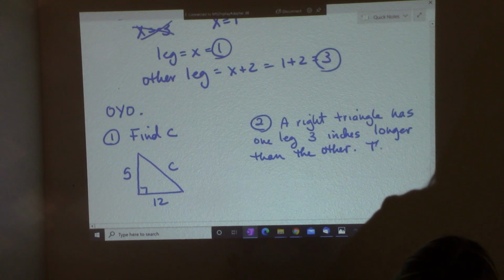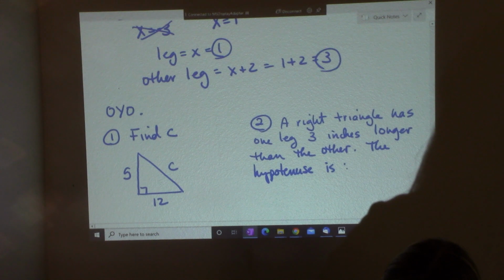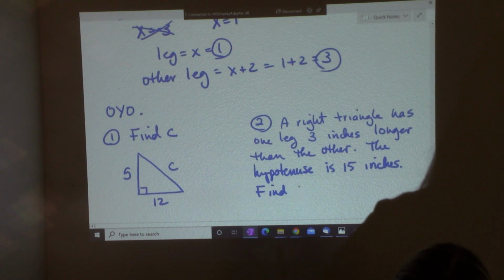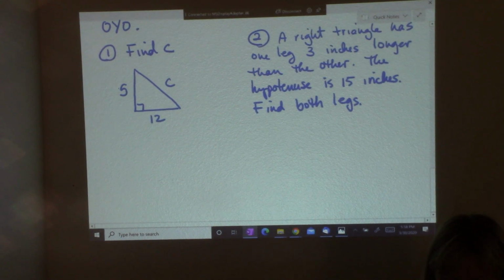The hypotenuse is 15 inches. Find both legs. Okay, so why don't you pause the video and go ahead and do that. And I'll just keep on going.